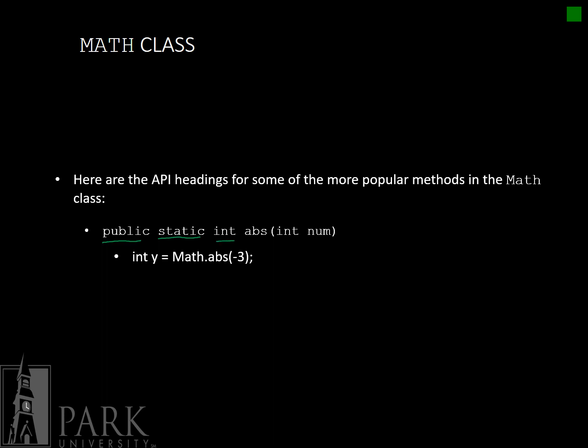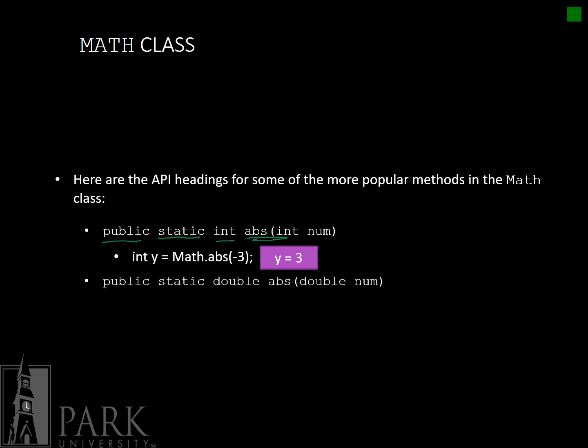It returns an integer, the method name is absolute, or abs, and it takes in an integer as an argument. So here, int y = Math.abs(-3). What do you think the answer is? Well, if you paid attention in math class growing up, you should know that it's 3, right? It returns the absolute value.